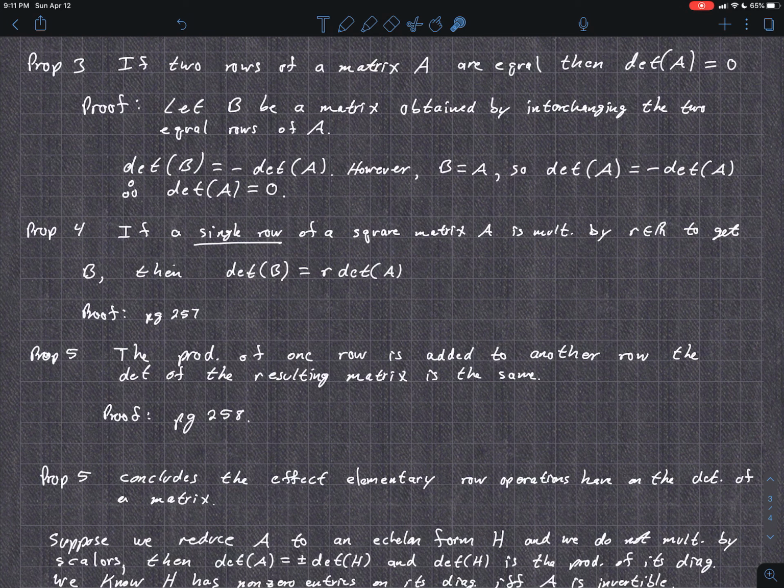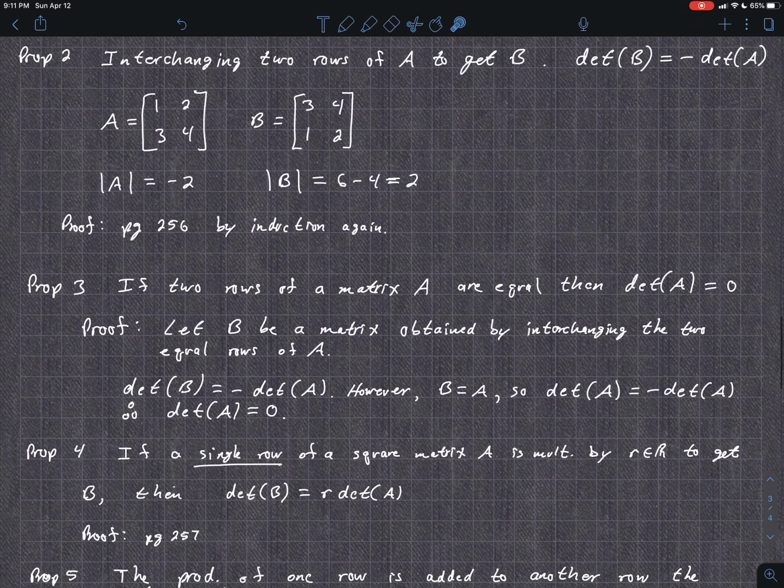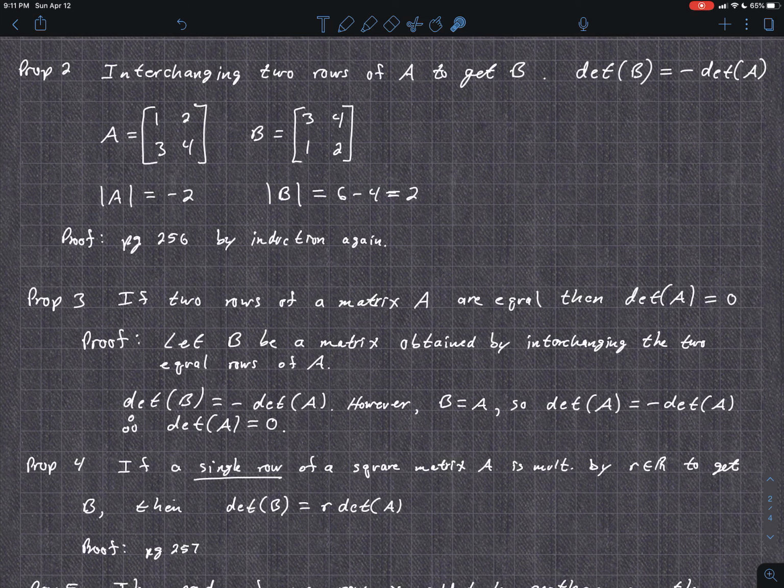Property 3, if 2 rows of a matrix A are equal, then the determinant is 0. This one I did go through the proof because it's kind of simple. So let B be a matrix obtained by interchanging the 2 equal rows of A. So now we're going back to property 2. So 2 rows are the same.